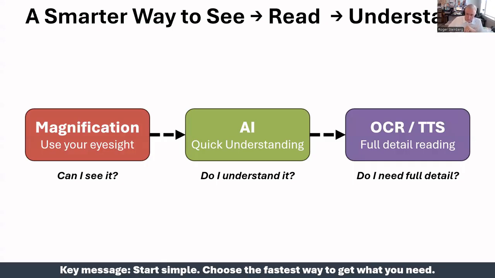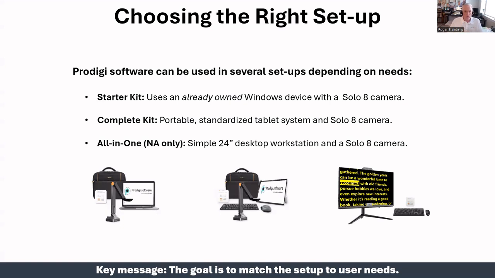So very quickly, trying to make this as quick as possible, this is a preview setup. Right now, we're selling Prodigy in actually 4 configurations. The one that I've left off of the screen here is a software-only option, but I'll discuss that in just a moment. You can see 3 different setups that we're selling. One is available only in North America, but at the top of the list, the first bullet point, which is also pictured in the lower left here, is our starter kit.